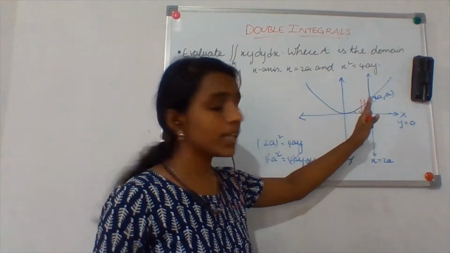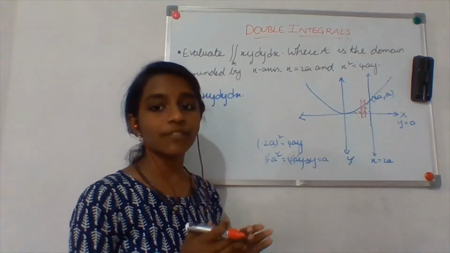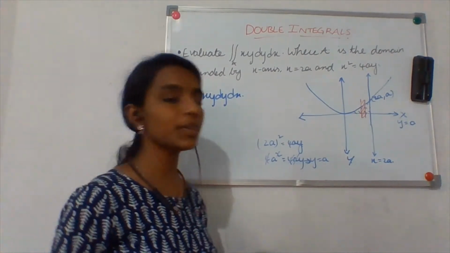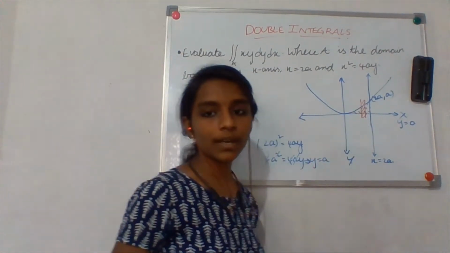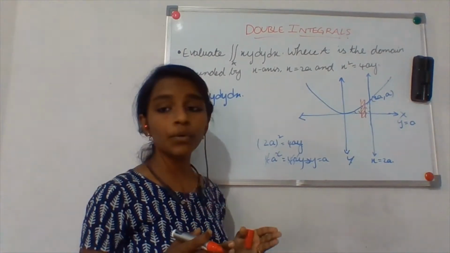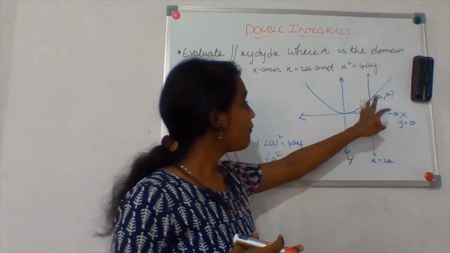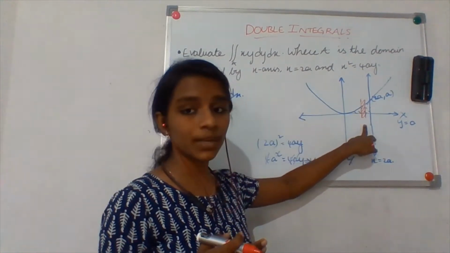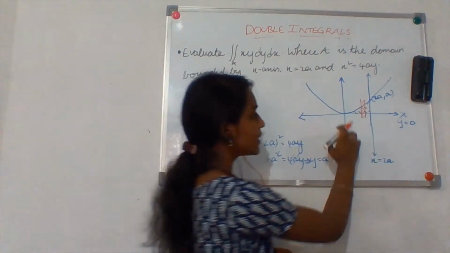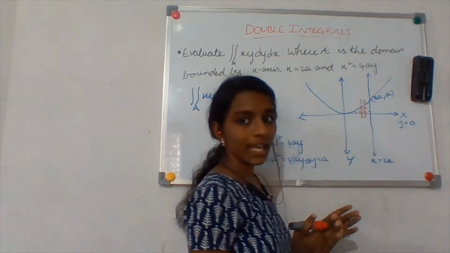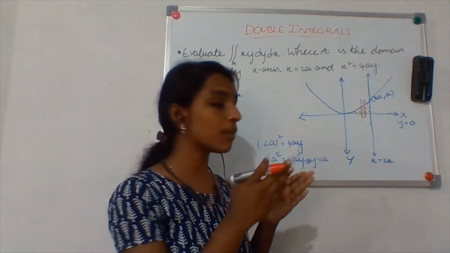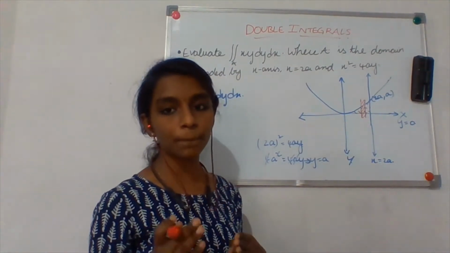Now through this strip, I have to find out the limits. By looking at the three curves, where they are cutting and where the area is bounded, I have to find the limits. And how do you do that? Now this is the strip that we took, and how are the limits varying according to this strip on the x-axis? That is, from where to where is the strip moving?